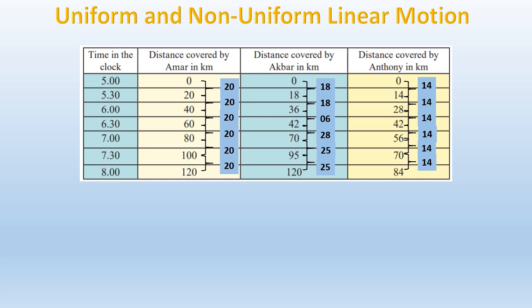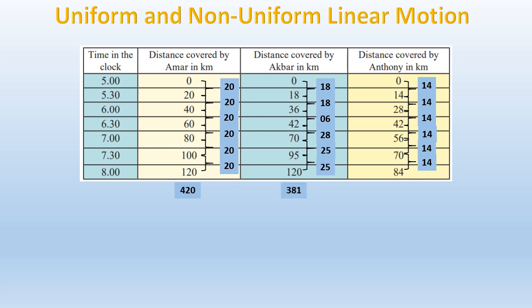Now if you consider all the distances covered by Amar, Akbar and Anthony in the fixed intervals and calculate the total distance travelled by each of them in this period of 3 hours, then you will see that Amar has travelled 420 kilometers in 3 hours.